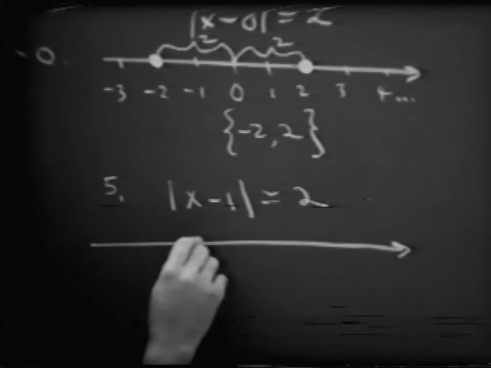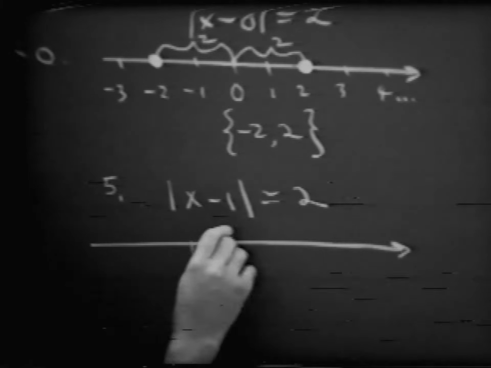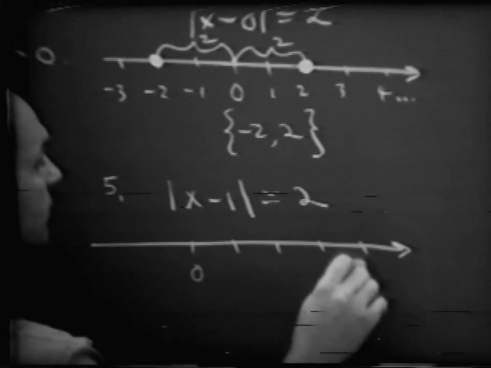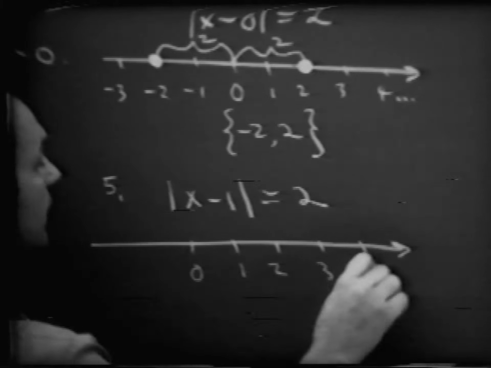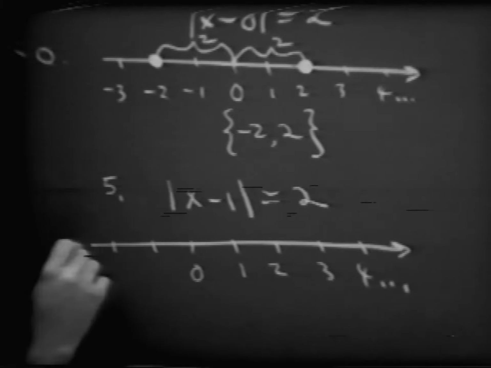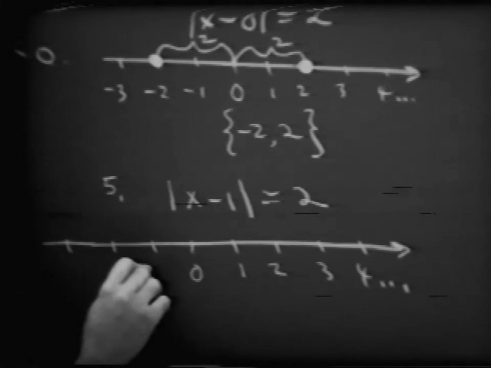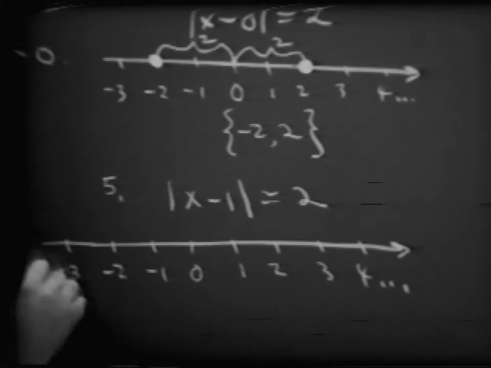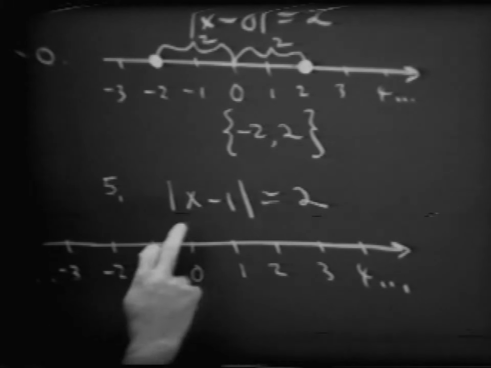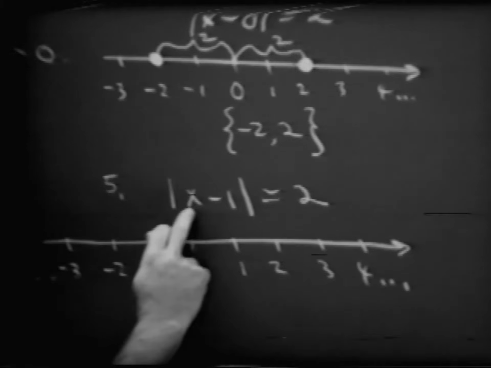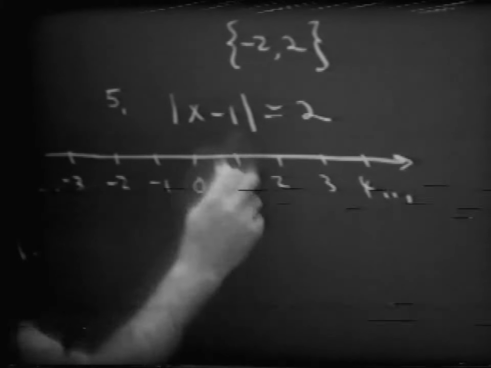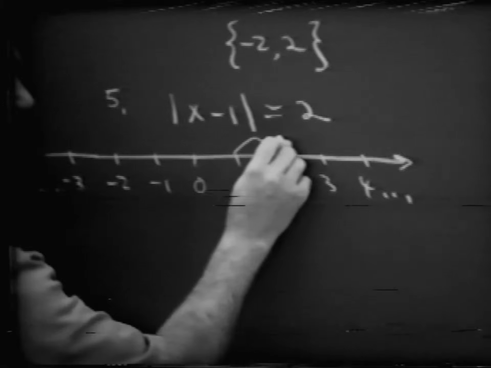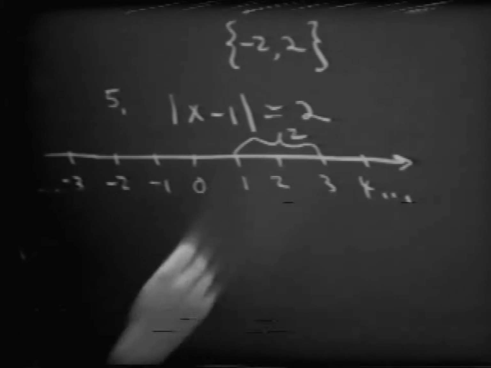So again, let's look at the number line, and here say is 0, 1, 2, 3, 4, and so on to the right, and -1, -2, -3 far enough to the left, all right? Now, again, let's think of this as the distance between x and 1. So here is the number 1, and the distance between x and 1 must be 2 units.